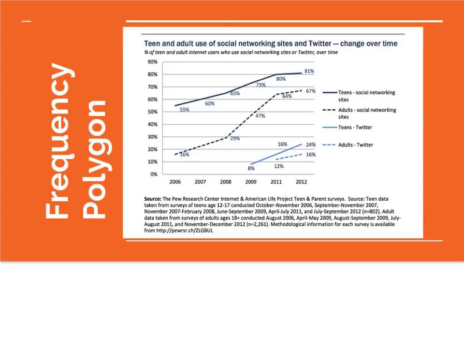This one is more complex than the previous data we've seen, but it's still easy to understand, again because they have a clear legend. If we read the title, it says the percentage of teen and adult internet users who use social networking sites or Twitter over time.